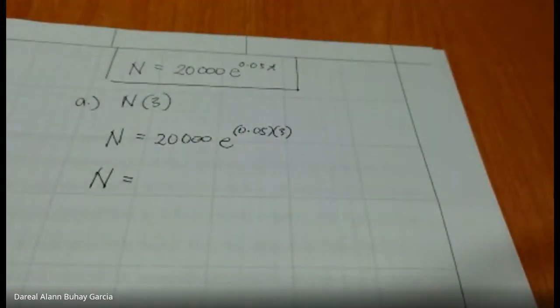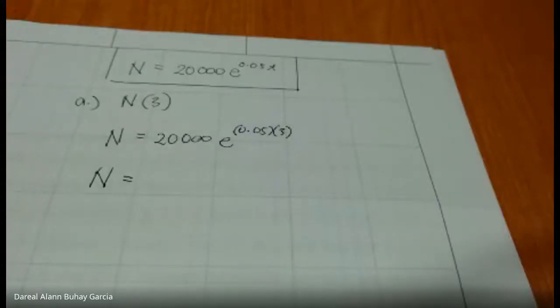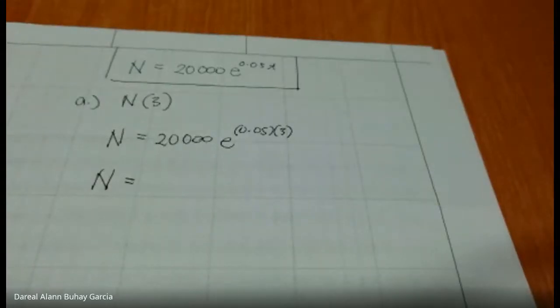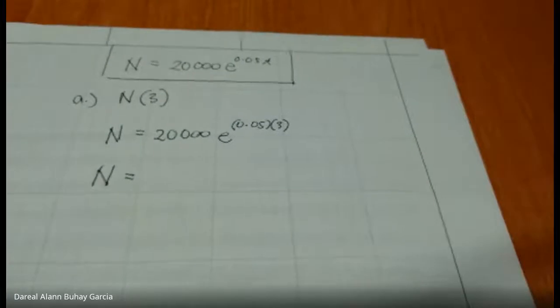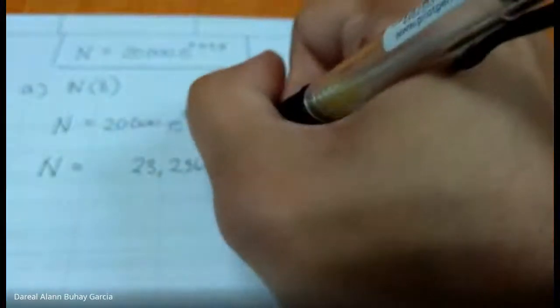So 23,236.68. Final answer? May kulang wala? May kulang. Asa man ang kulang? Asa man ang given na to?